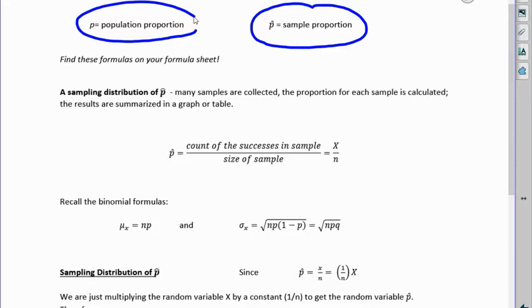If you're taking a sample of size n from a population, you can count the number of successes and divide by your sample size, and that will give you an estimated value, that sample value P hat.